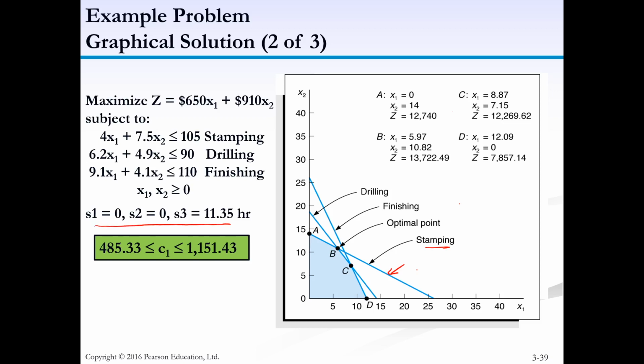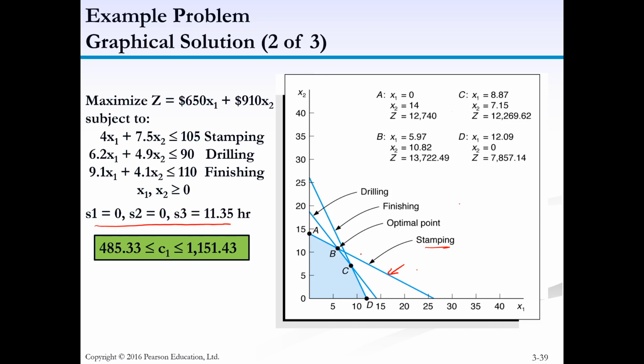S1 is equal to 0, S2 is equal to 0, and S3 is equal to 11.35 hours, which means that the finishing constraint has slack hours. This can easily be seen from here also, because as you can see, it is not touching the optimal point.